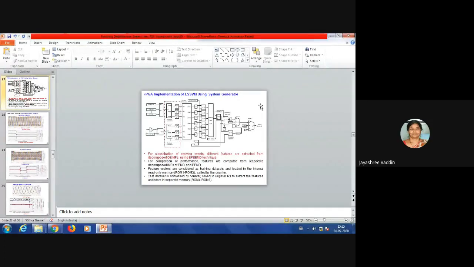Q: Sir, in which FPGA was it done? A: There are different series models, but I will not disclose that at the moment because we have some more work to do on this part. That's why even in my slide I have not indicated it.